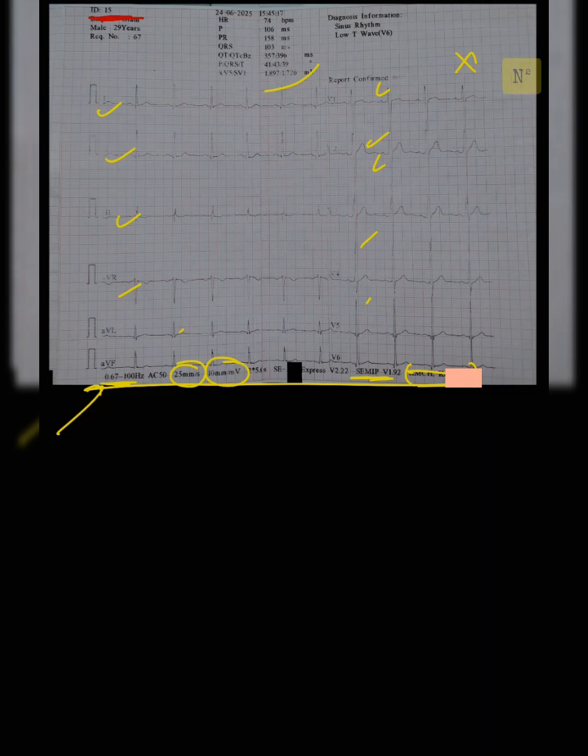You being a physician, you should know what the different parts of the ECG are, what the different graphs are that we are recording, and how to determine all the individual parameters.